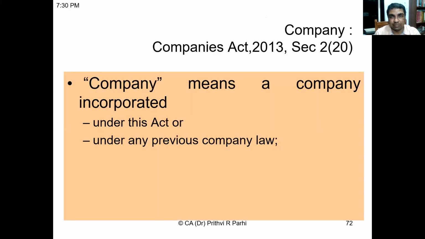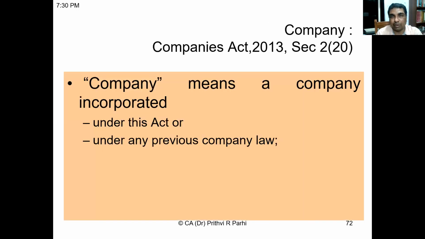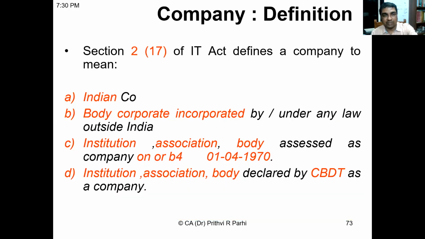For companies, what is a company? You need to remember the definition provided under the Income Tax Act. Don't get confused with the definition in the Companies Act 2013. Section 2, clause 17 of the Income Tax Act defines what a company is.